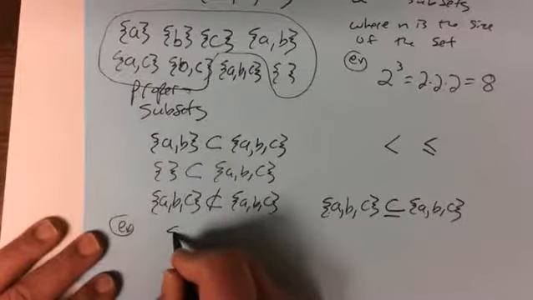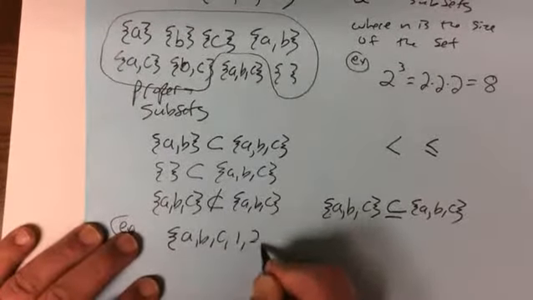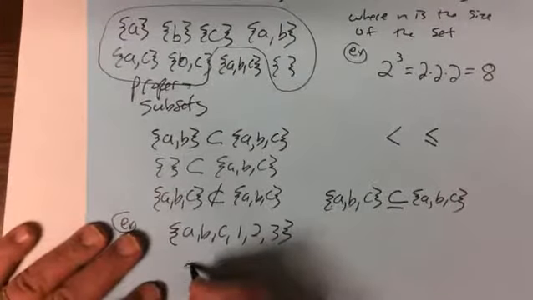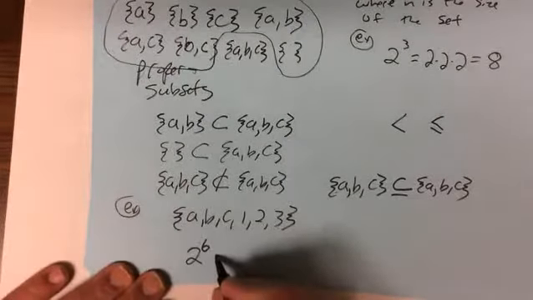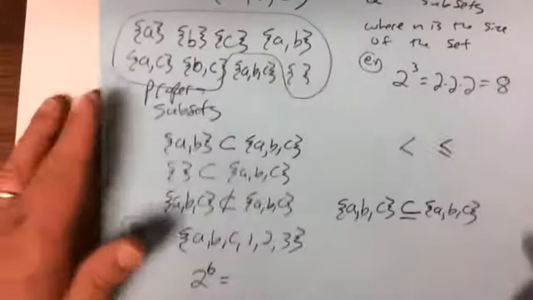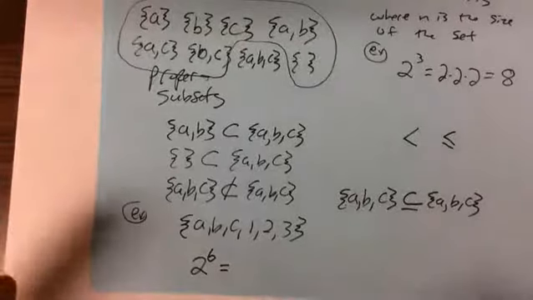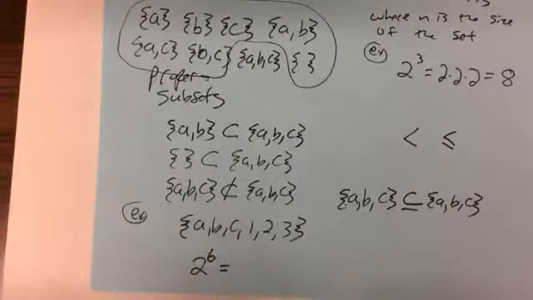So if I have a set A, B, C, 1, 2, 3, okay, and I want to know how many subsets there are. Okay, there's 6 elements there, so it'd be 2 to the 6. Okay, so this is not the same as 6 squared. It's not 36. It's 2 times 2 times 2 times 2, 6 times.